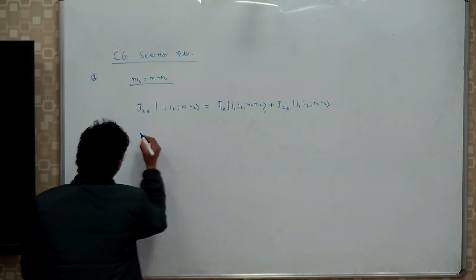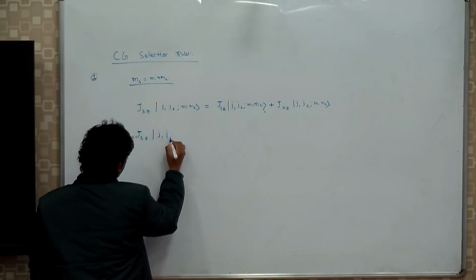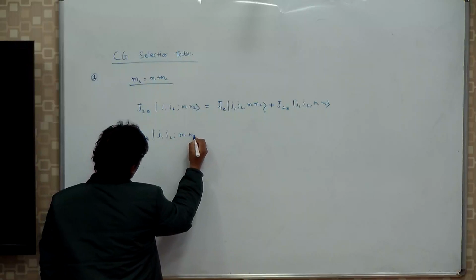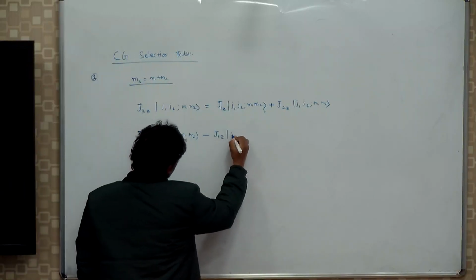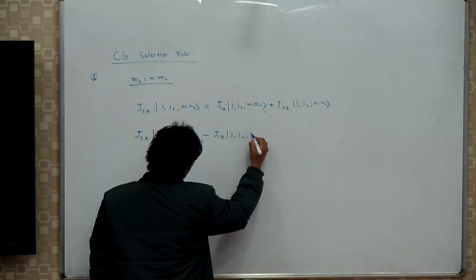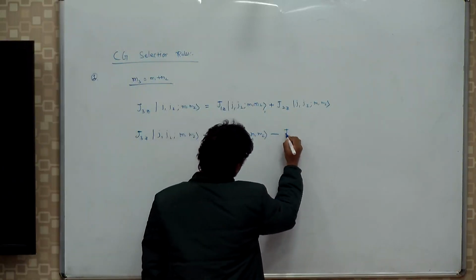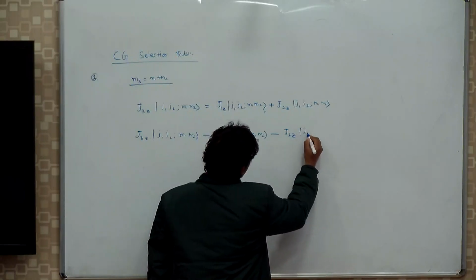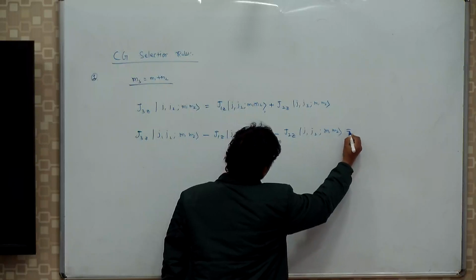Now rewrite this equation: J3Z acting on |J1, J2, M1, M2> minus J1Z acting on |J1, J2, M1, M2> minus J2Z acting on |J1, J2, M1, M2> is equal to 0.